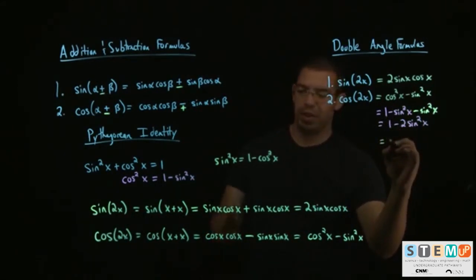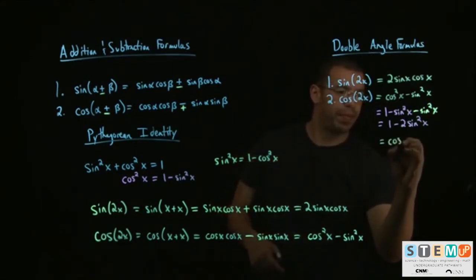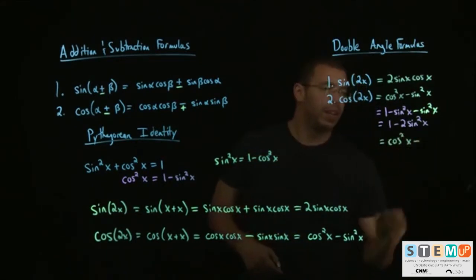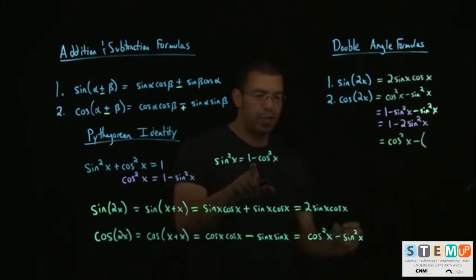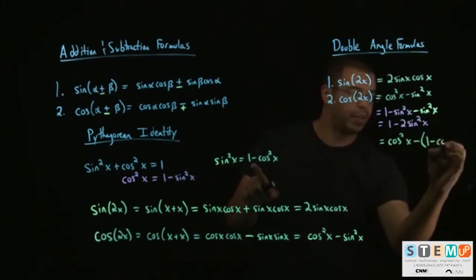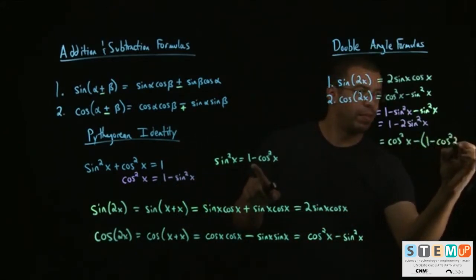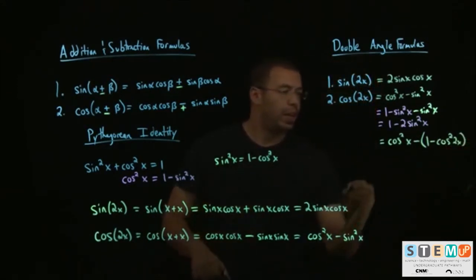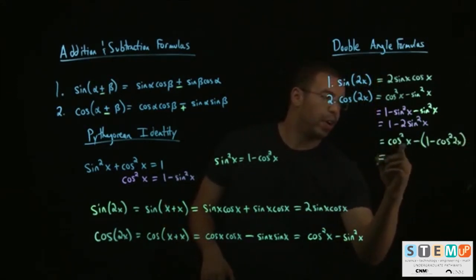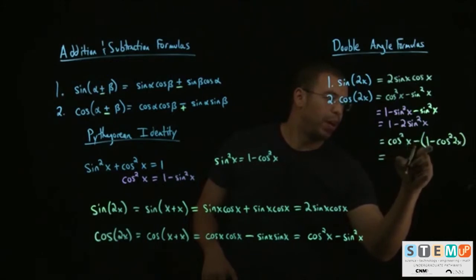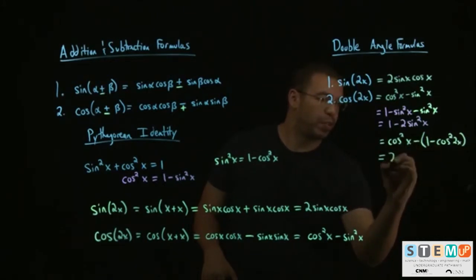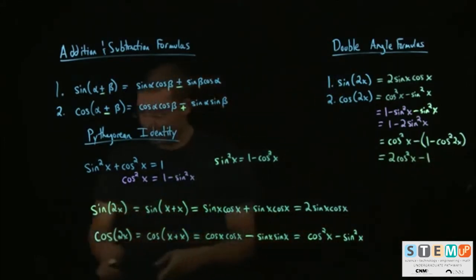Cosine squared is going to stay the same, minus, and then sine squared is the same as 1 minus cosine squared. So I'll have minus 1 and then plus a cosine squared. So 2 cosine squared x minus 1.